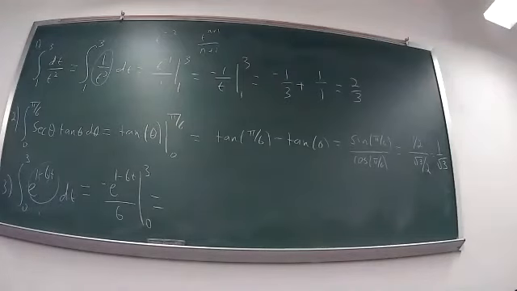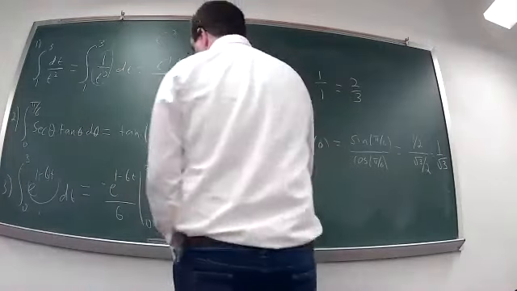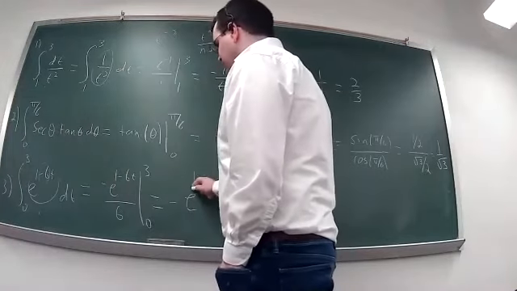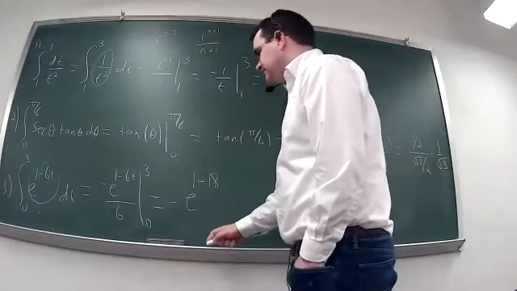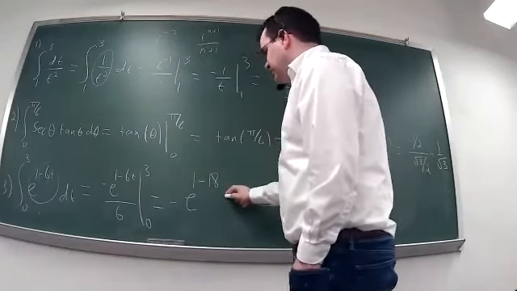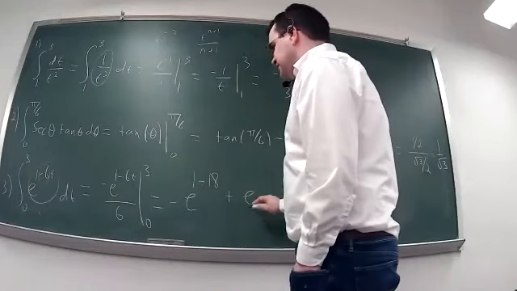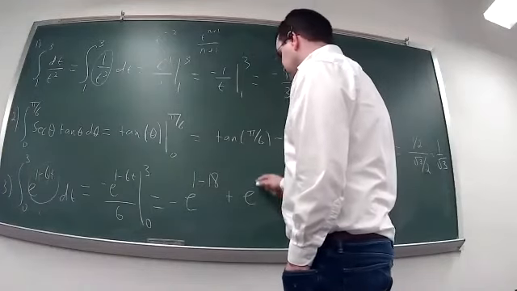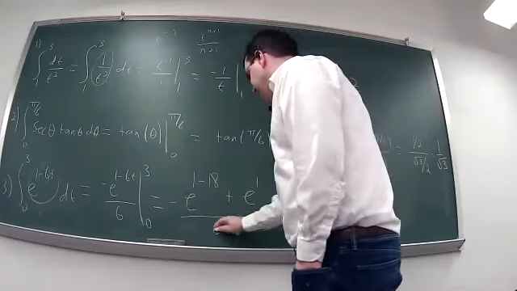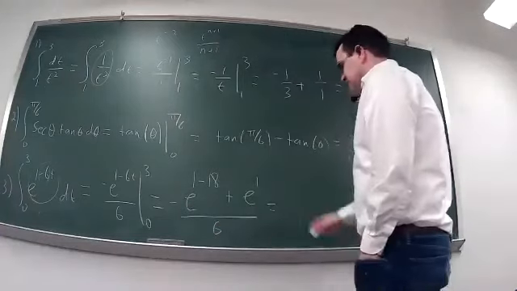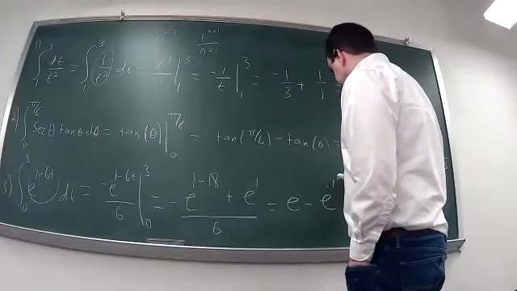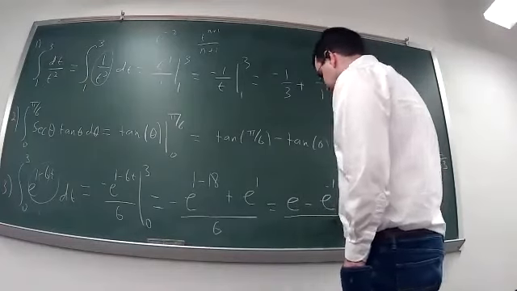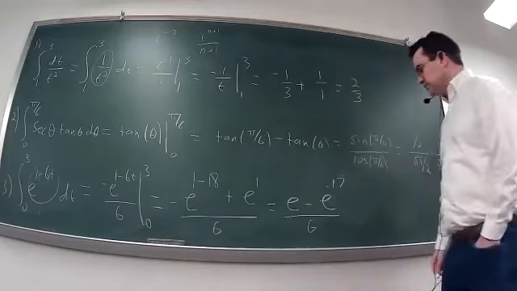So plugging in 3, that gives us minus e to the 1 minus 18. And then minus is plus e to the 1 minus 0, so e to the 1, everything divided by 6. So this is like e minus e to the minus 17 over 6.